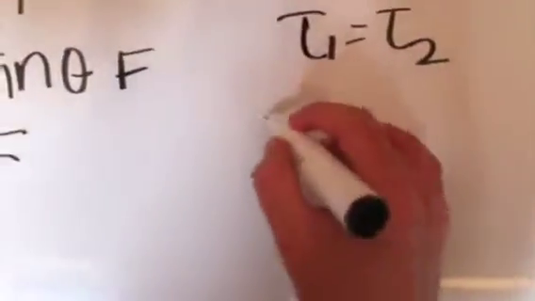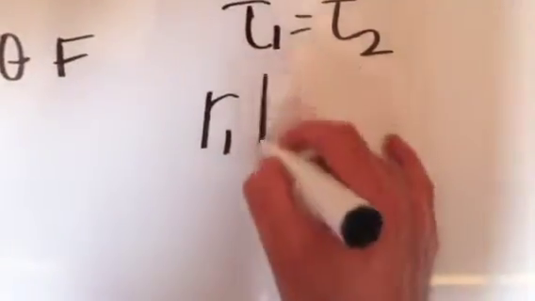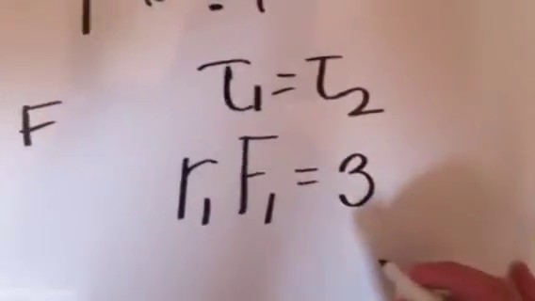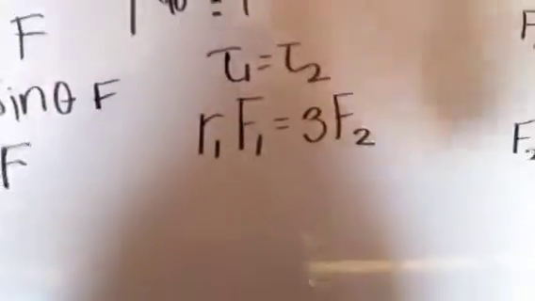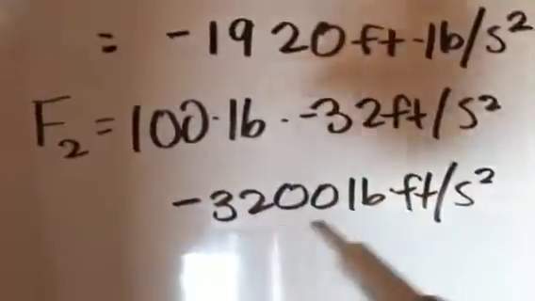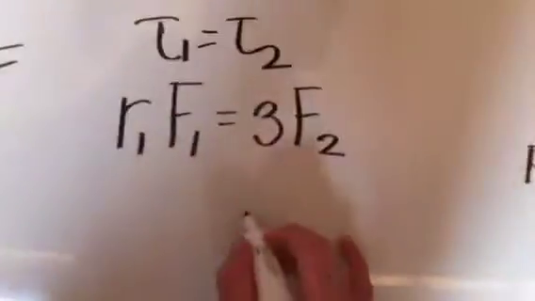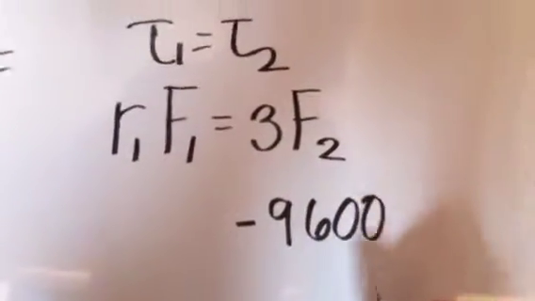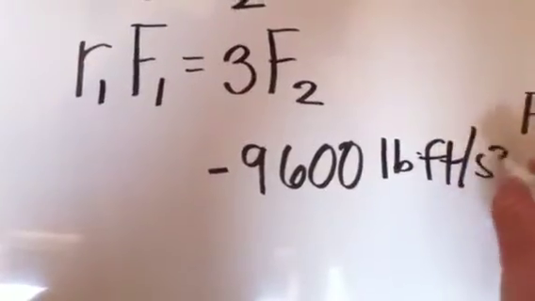We say radius 1 times force of child 1 equals radius 2, which is 3 feet, so 3 feet times force of child 2, which is -3200 pound times feet per second squared. So we get -9600 pound times feet per second squared.